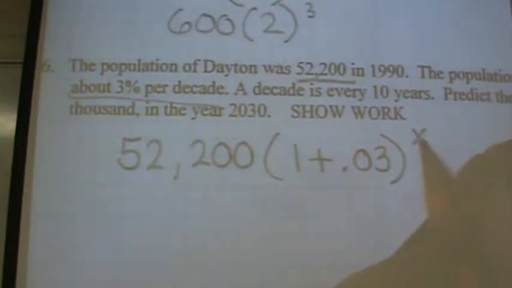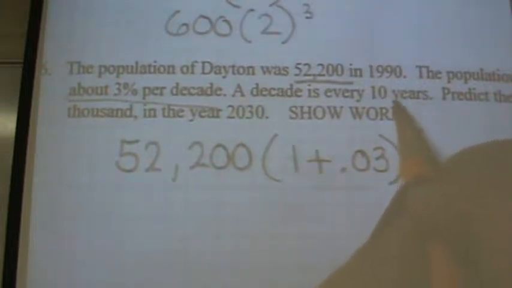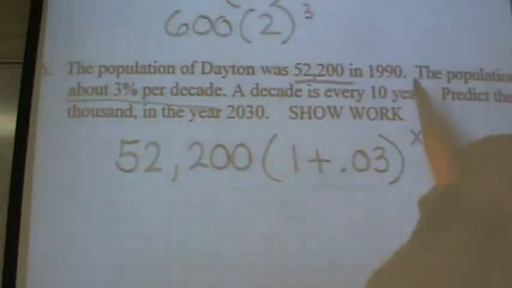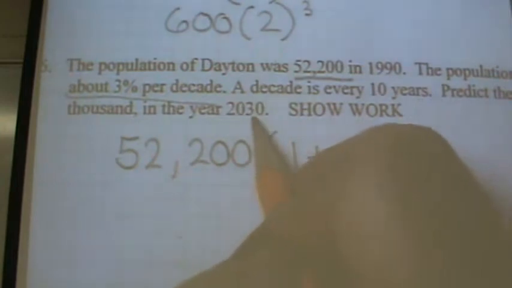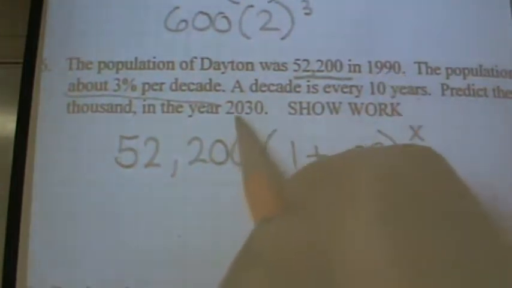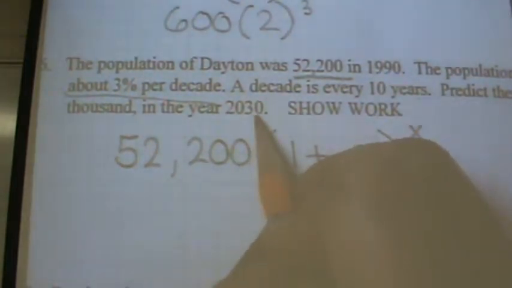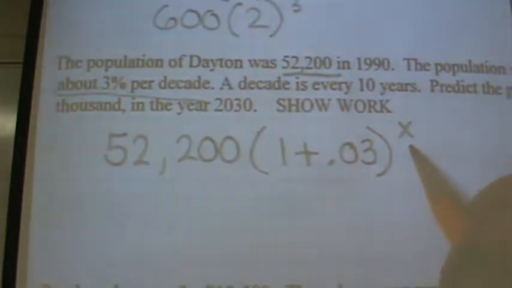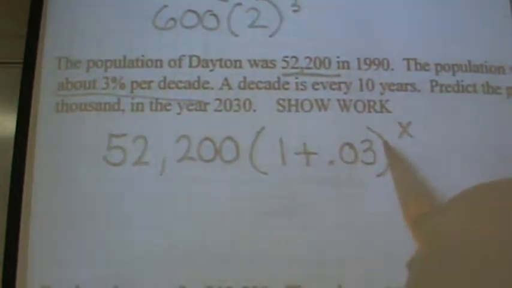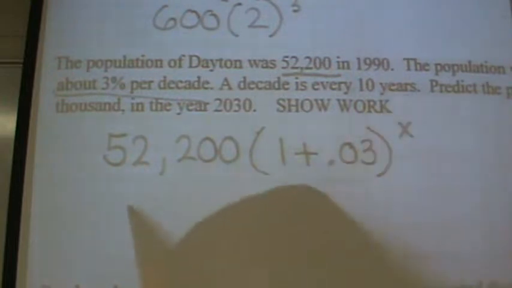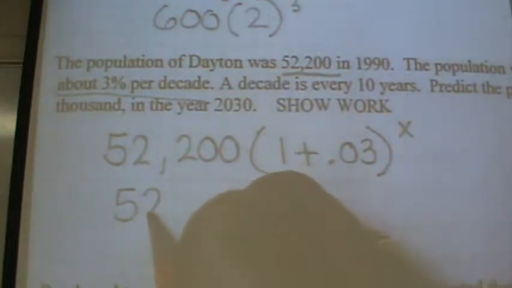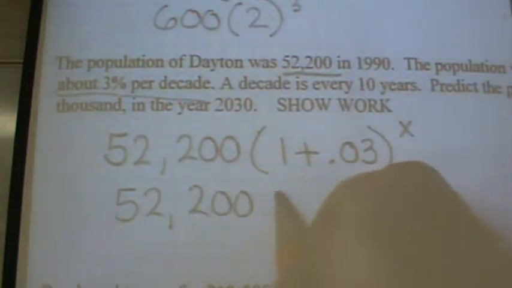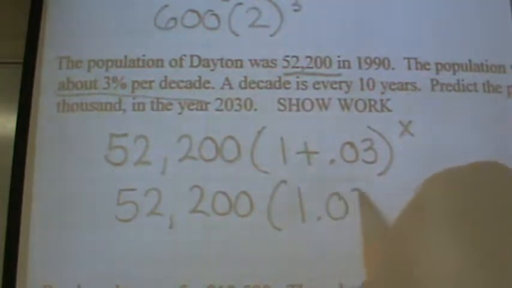Now the time period is every 10 years, that's a decade. So how many time periods are going to go by from the year 1990 to year 2030? 4. 4 decades. So what is 52,200 times 1.03 to the 4th power?